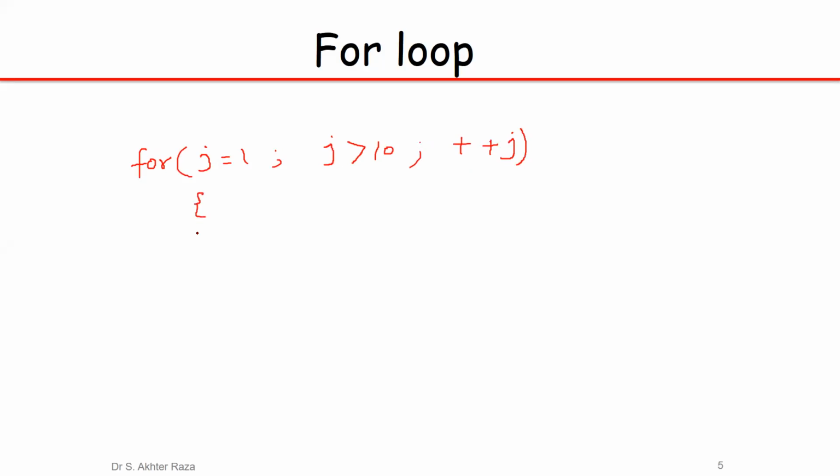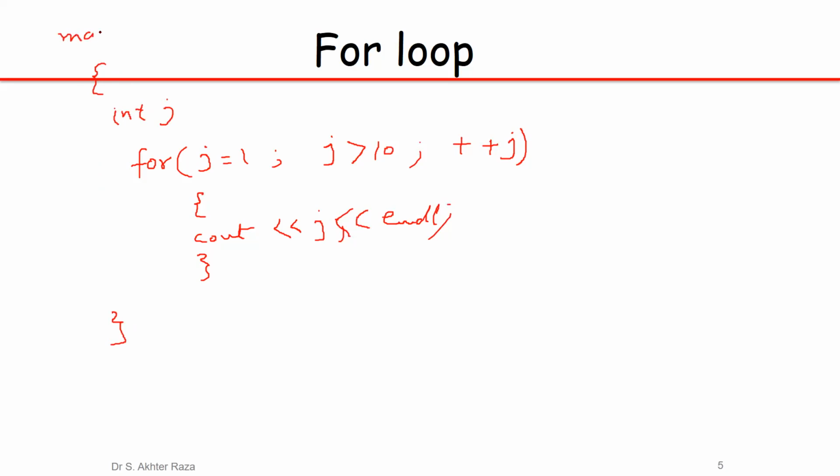Now in the brackets I have cout j and endl, and the loop is closed. One thing is remaining, which is int j. You have to write int j. That is the starting bracket of main, and that is the ending bracket of main.